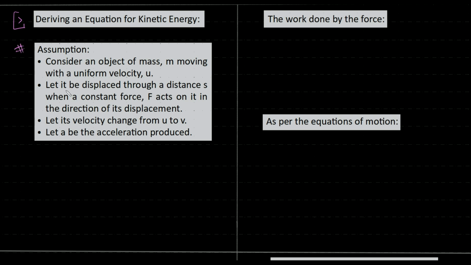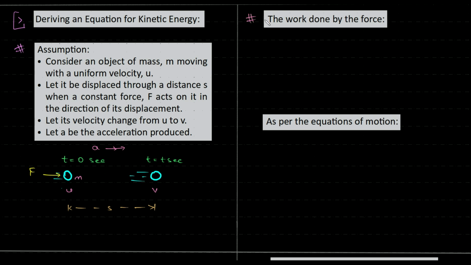The initial assumption is we're going to consider an object of mass m moving with a uniform velocity of u. Let it be displaced through a distance of s when a constant force F acts on it in the direction of displacement. Let its velocity change from u to v. Let a be the acceleration produced by it. This is your diagram.